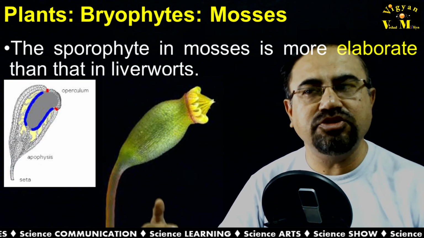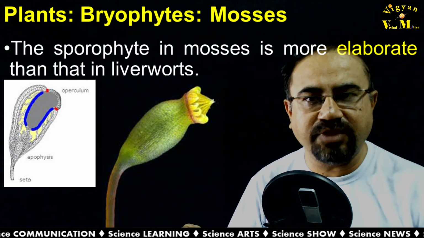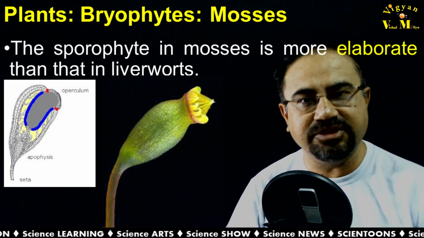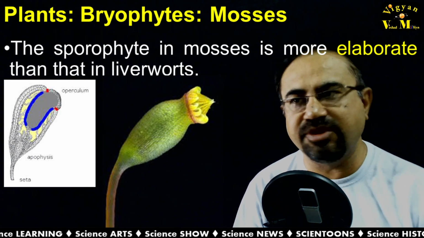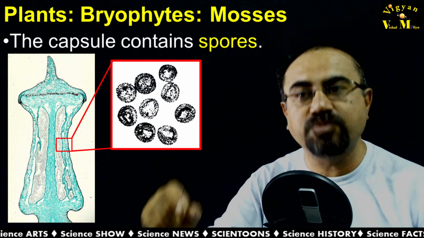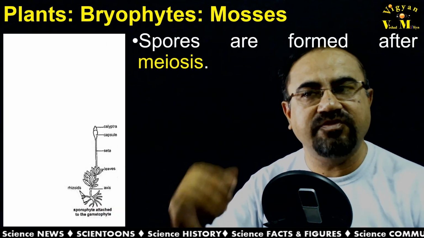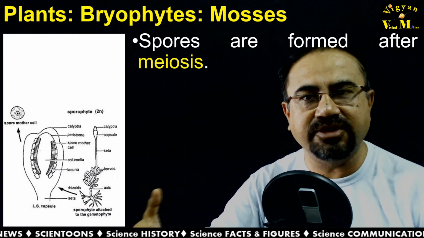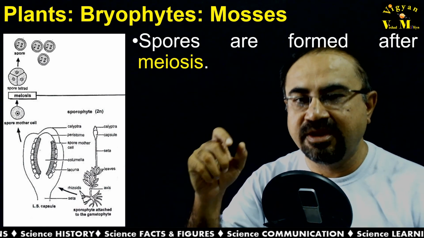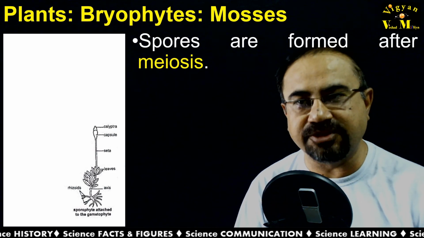In comparison to liverworts, the sporophyte of moss has a more elaborate structure than the previous class we have already studied. This sporophyte produces spores, and spores are formed after meiosis, the reductional division, and spores are haploid in nature.